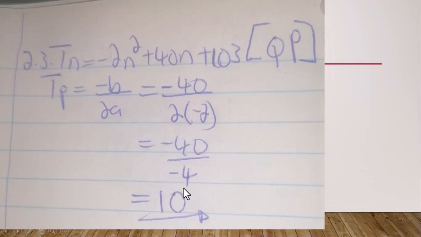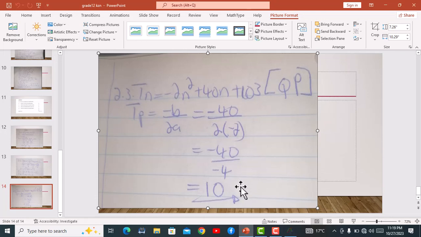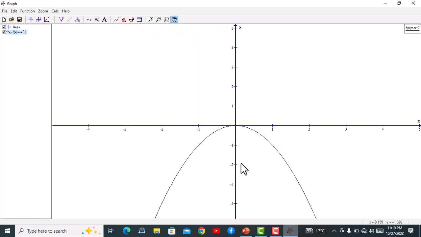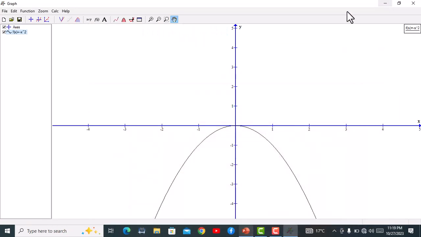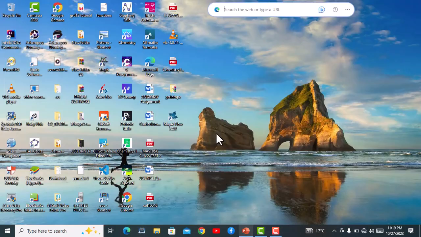So you have the maximum at n is equal to 10, and let's investigate that to see. And one important point, unfortunately this is not the correct graph, so it's not going to make any sense for me. But that is the maximum, I believe, because if I go to the formula, let me just do this for you.